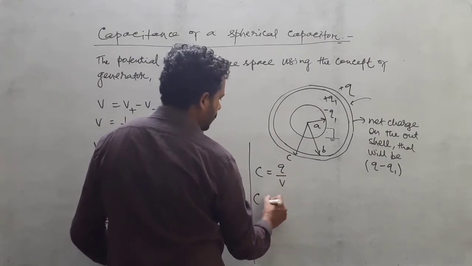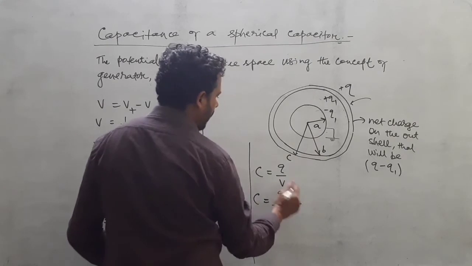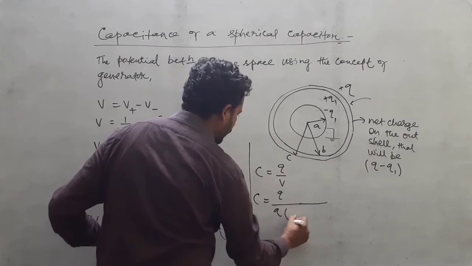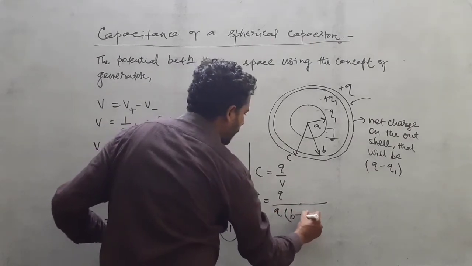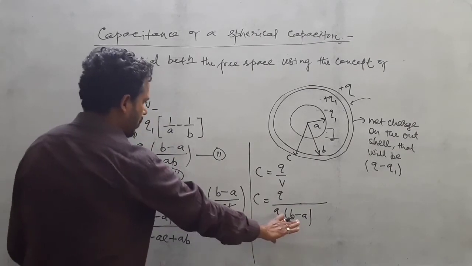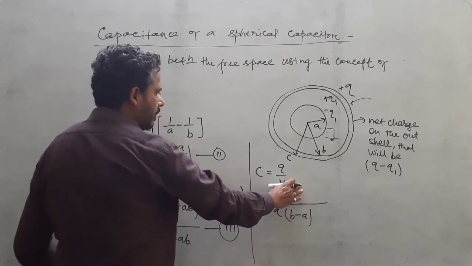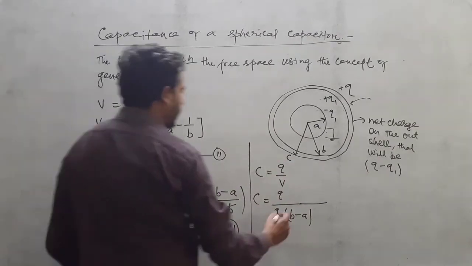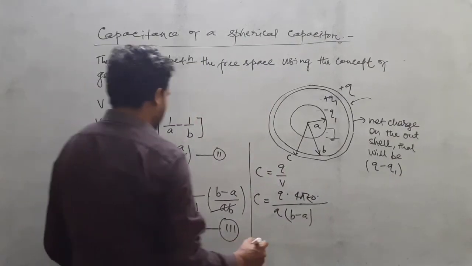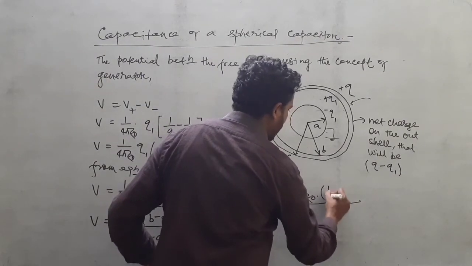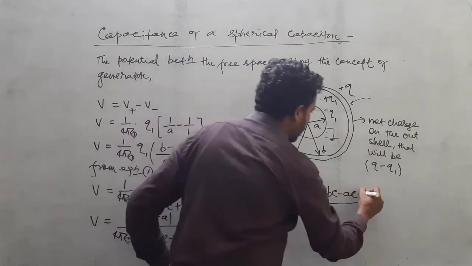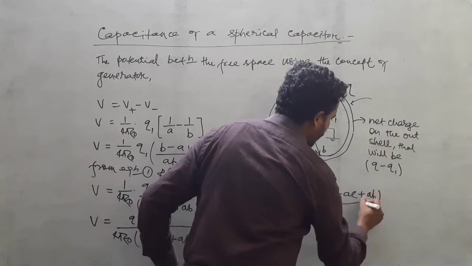So Q by V, where V is Q B minus A divided by 4 pi epsilon naught BC minus AC plus AB, so the denominator will come in the numerator.